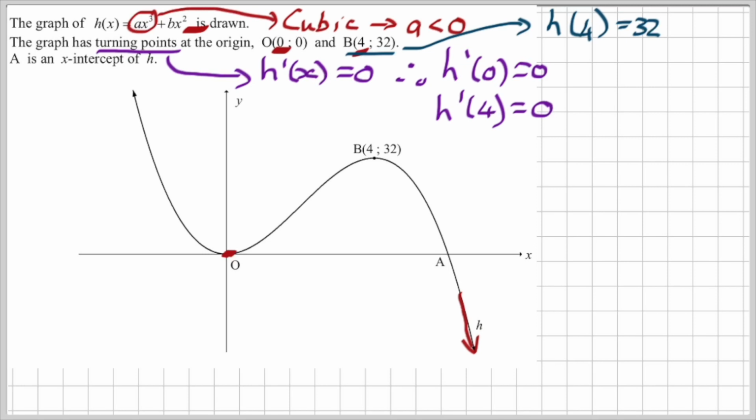Lastly, it tells me A is the x-intercept, so y is equal to 0. At this moment of time, I've basically analyzed all that I can from this sketch. There is one more little thing that I could analyze, but I'm going to leave it for a bit later on. Now that I have my information, I'm going to look at the first question.